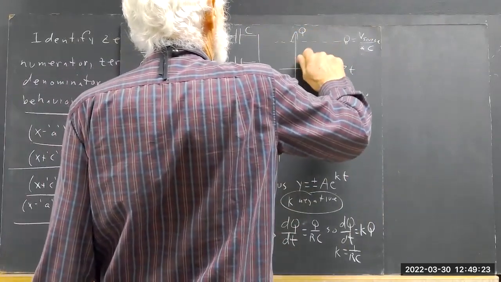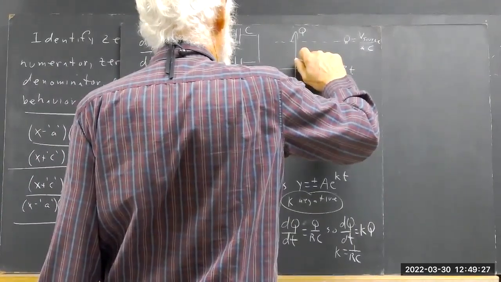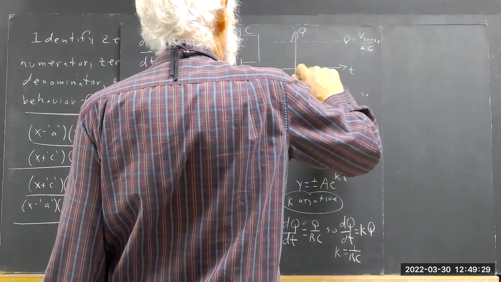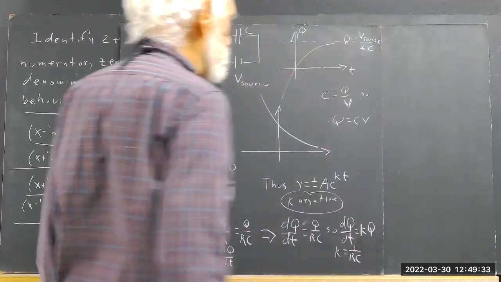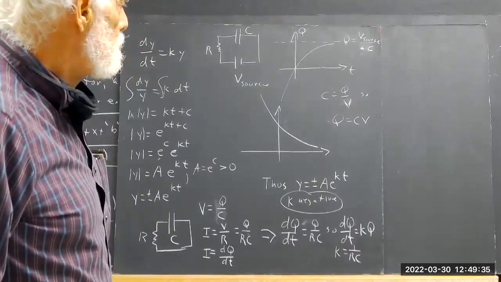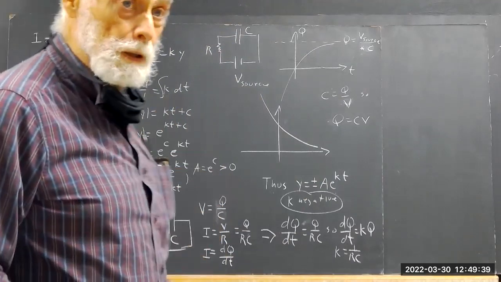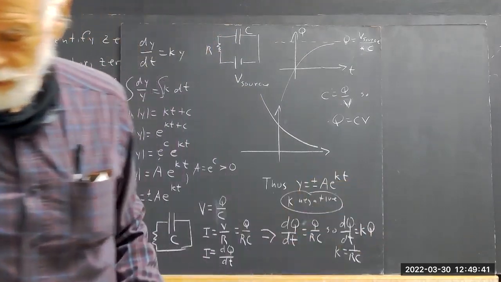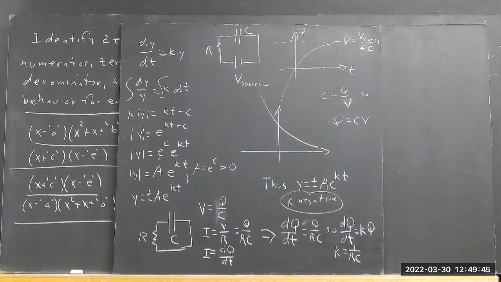So you have this, and then you have the curve. It looks like this. And all that comes out of what we did last time. So that's kind of a review of what we did last time. Get the details by looking at what we did in class previously.